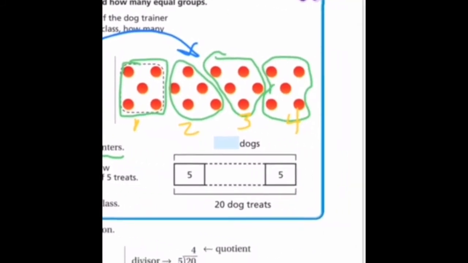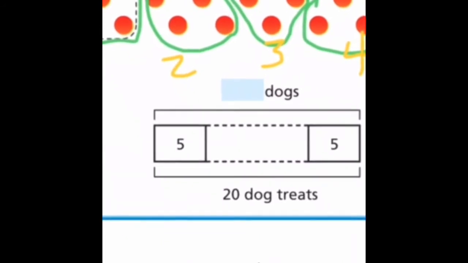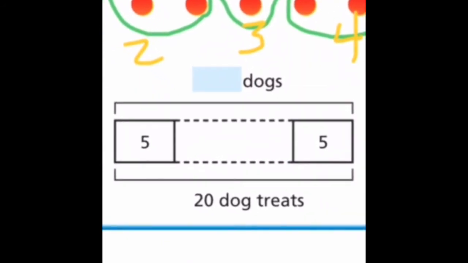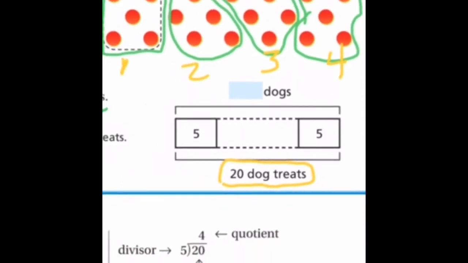All right, so now we can complete the bar model. This bar model looks a little different because we still have the same number of dog treats, 20, but instead of making 5 groups like we did before, we made groups of 5. And if you look, we made 4 groups of 5, right? So in here on our bar model, we need to show 4 groups.